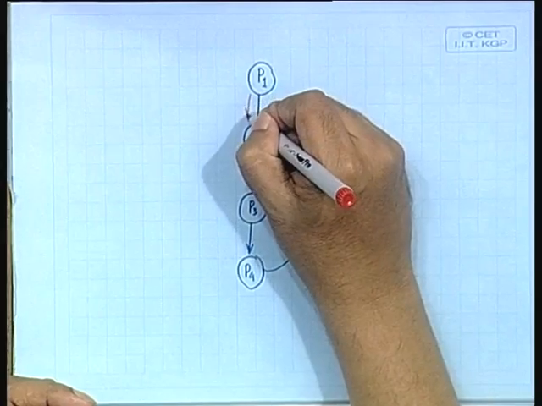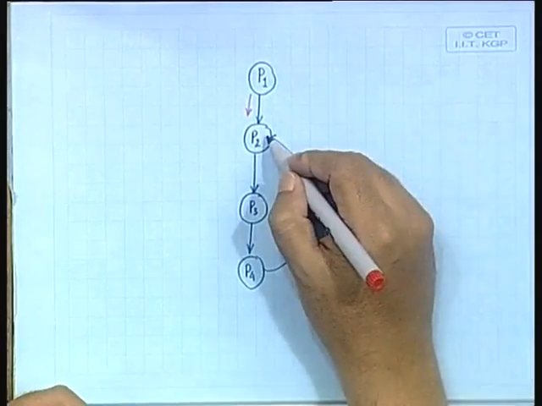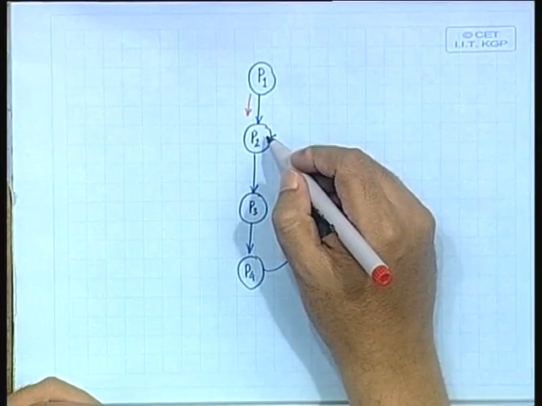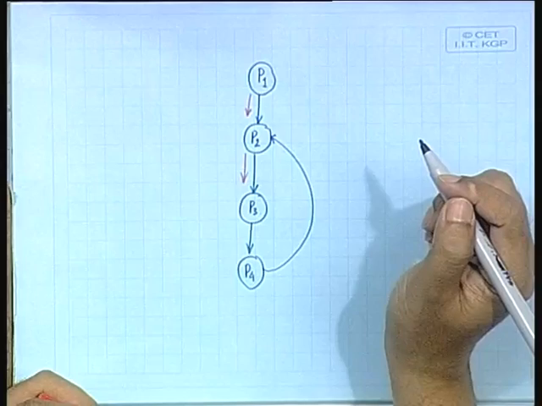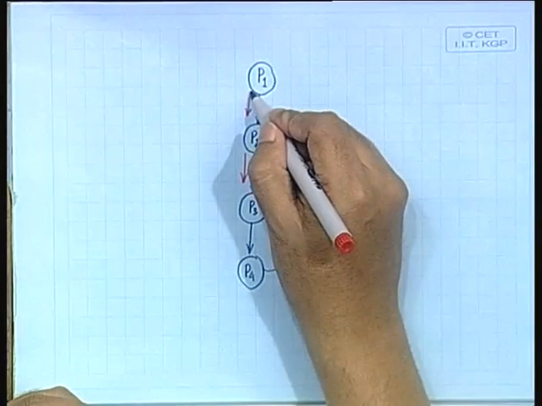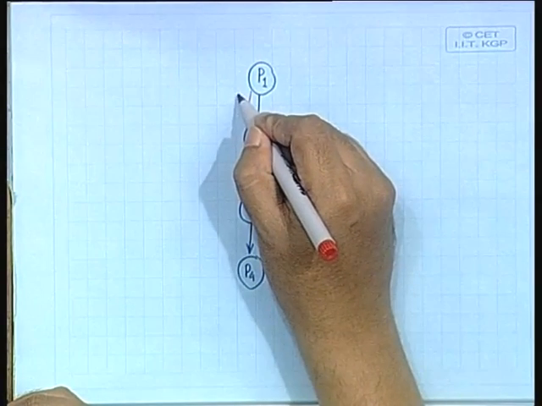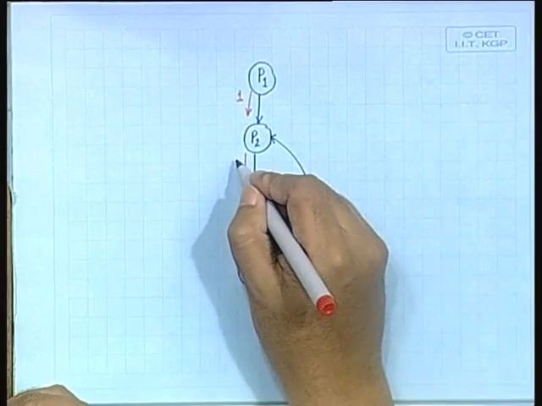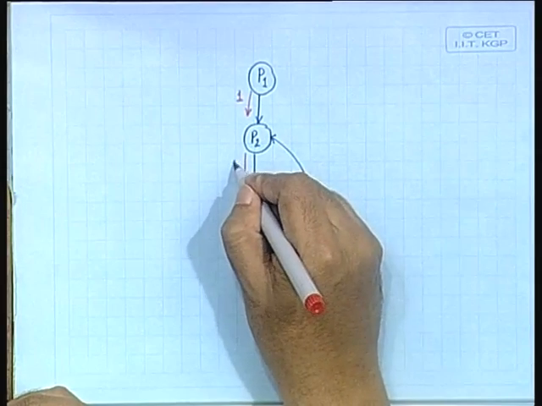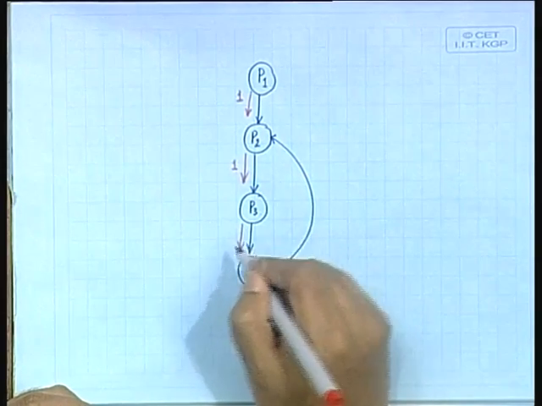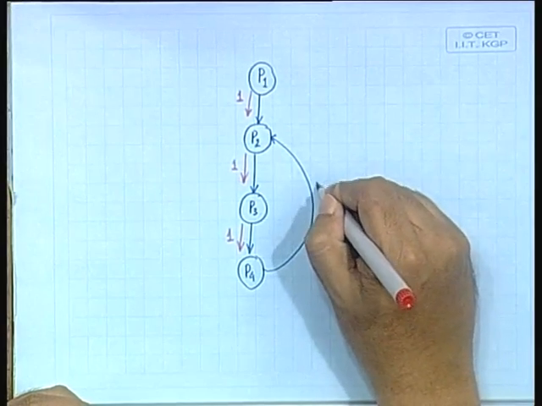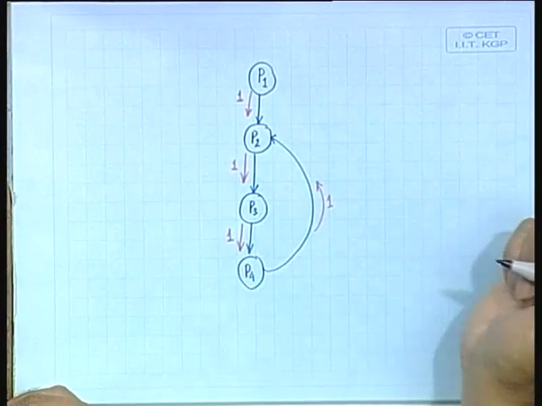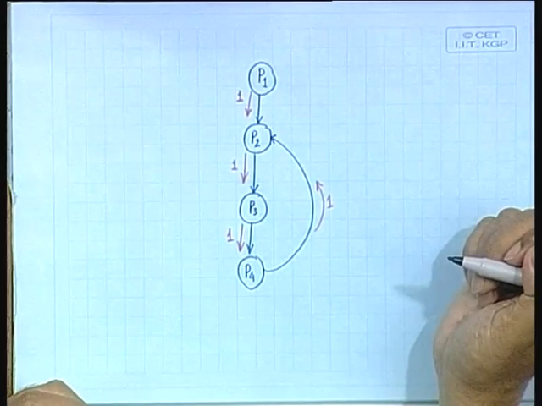This one will send a flood, this one is blocked. So what will it do? It will send the flood. So what is the weight on this flood? 1. What is the weight on this flood? 1. It will propagate this flood with a weight of 1, right?